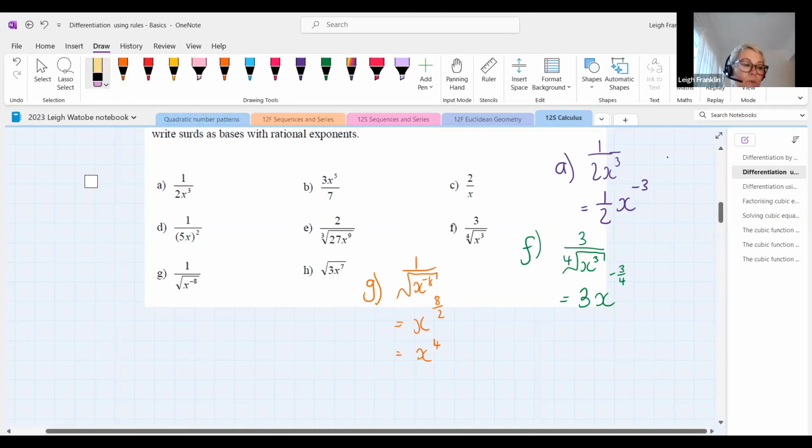You're not expected to write answers with positive exponents anymore. We do that in grade 9, 10 and 11. And then in grade 12, when we do calculus, we can leave our answers with negative exponents. Sometimes, like here, we wouldn't have left that with a negative exponent because it's gone to the numerator. All right, good job, everybody.